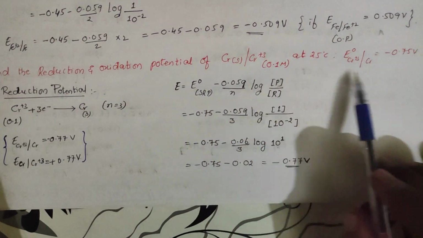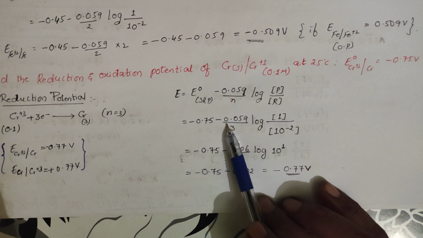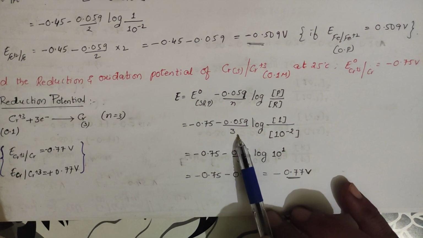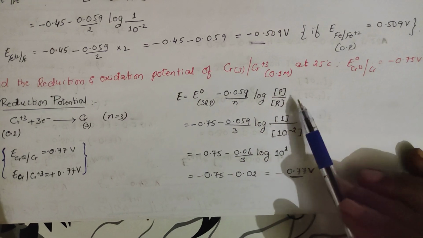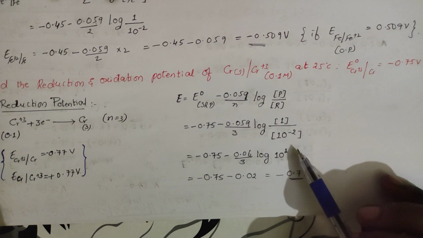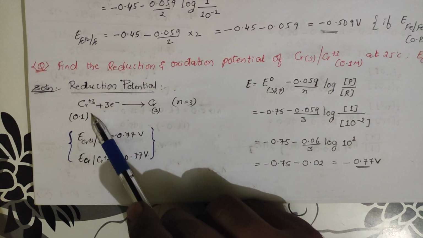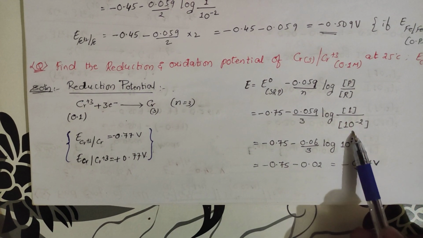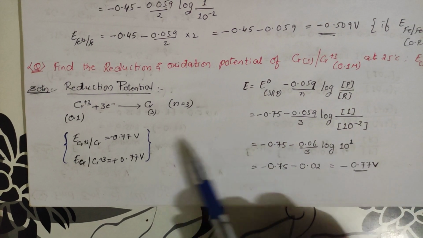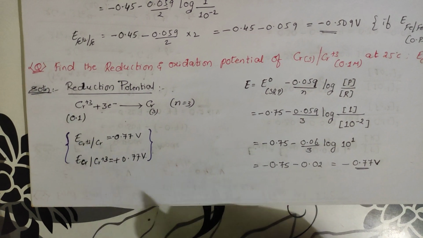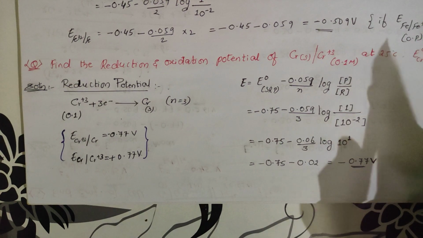So for Cr plus 3 to Cr, it is minus 0.75 minus 0.059 by 3 electrons log concentration of the products by concentration of the reactants. See, what is the product here? Chromium. Product by reactant, chromium by Cr plus 3. Cr plus 3 concentration is 10 power minus 1 only.